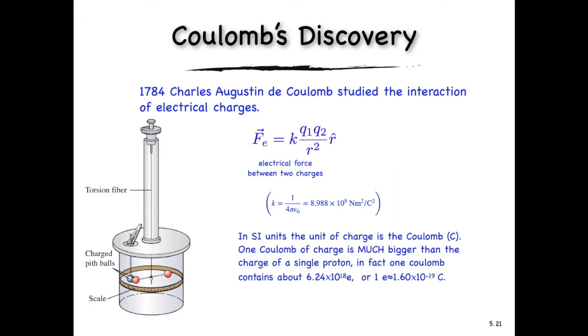Now, a little bit of note-taking to clean up a few things that I said. This constant of proportionality, K, we can introduce it this way, although we usually represent that constant in terms of a different constant, epsilon naught. And so K is equivalent to 1 over 4 pi epsilon naught. And we'll introduce what this term epsilon naught means in a later lecture.